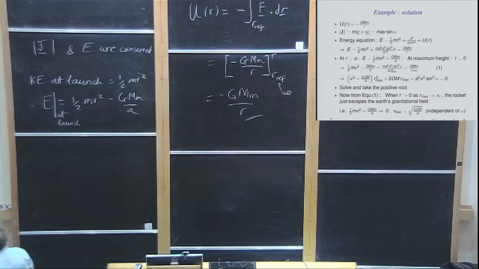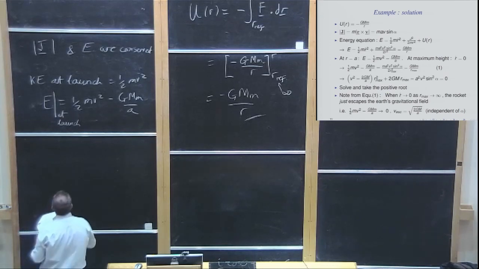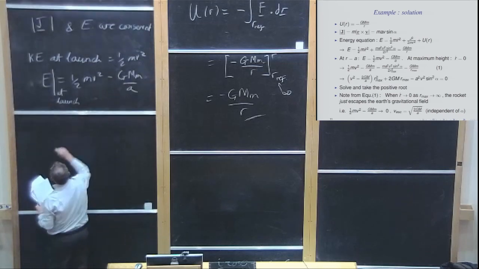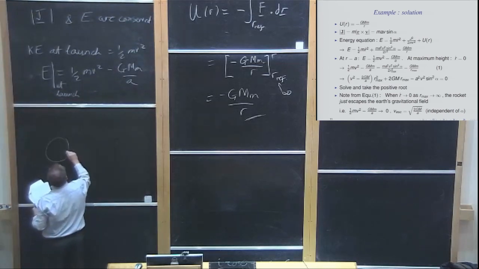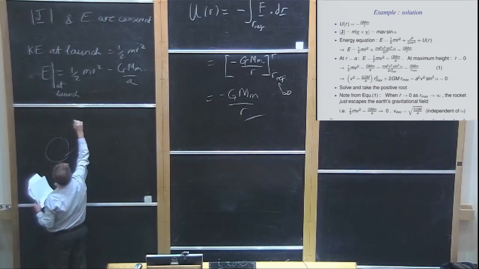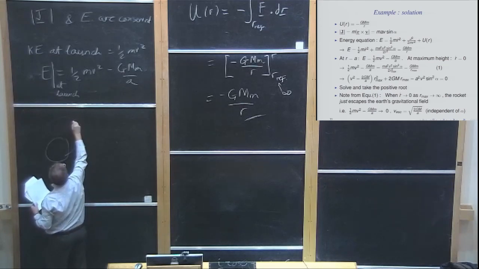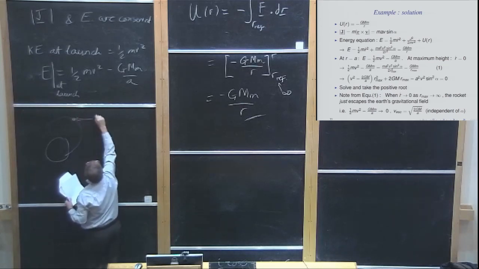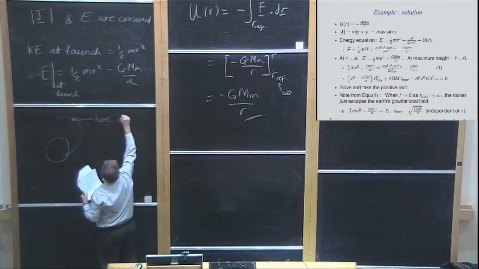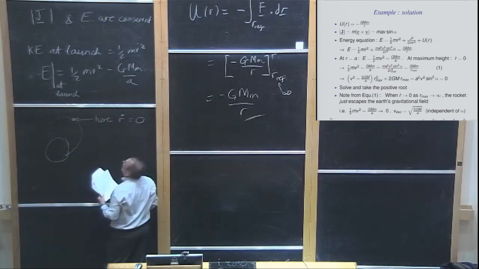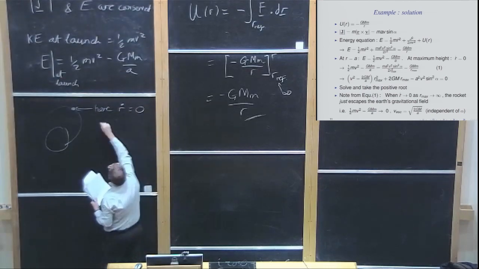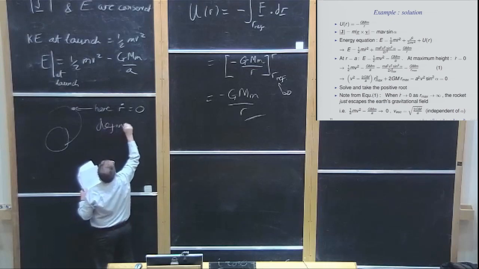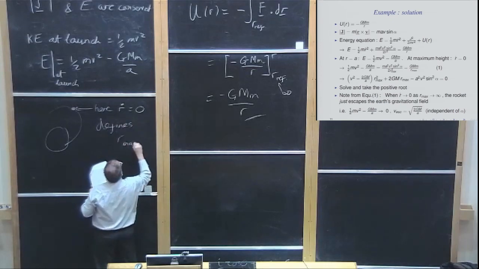Remember, what we're being asked to do is to find what is the maximum height. Okay, so here the particle is shot up, and it eventually reaches a maximum height before it comes down. At this point here, r dot is equal to 0. So this defines r max.